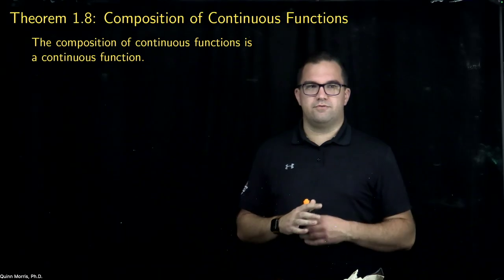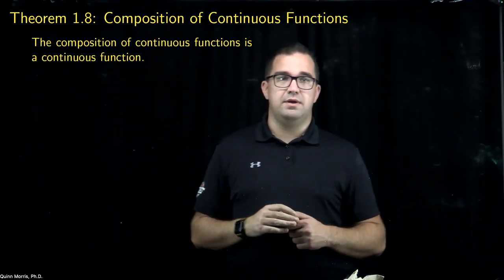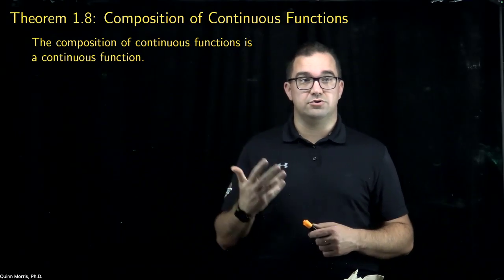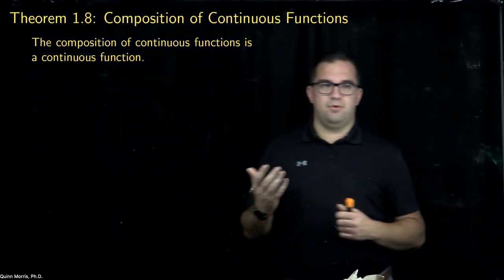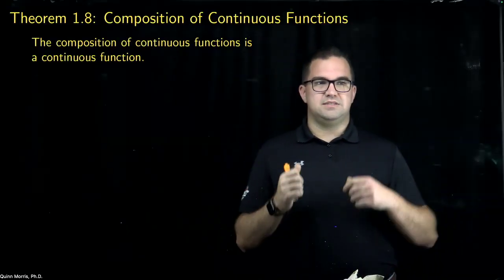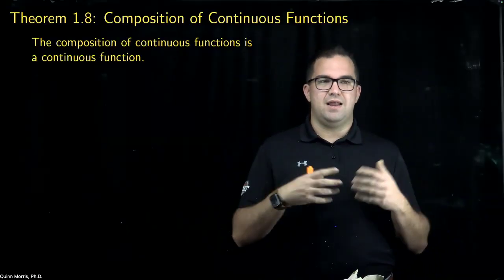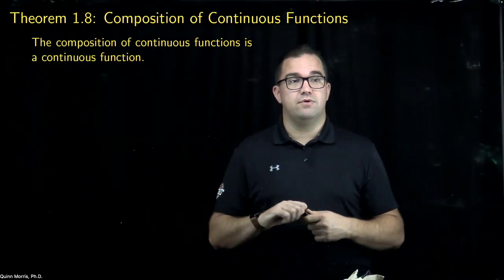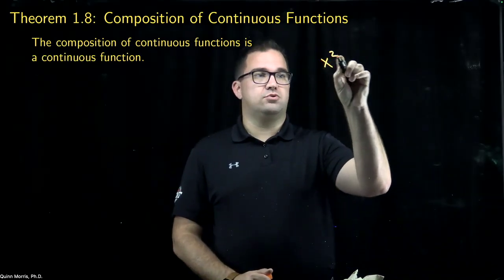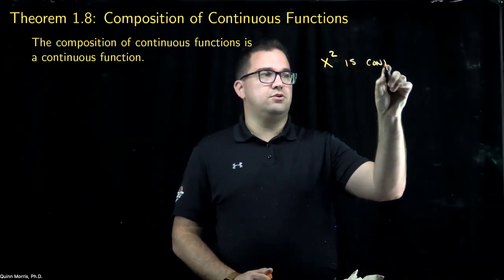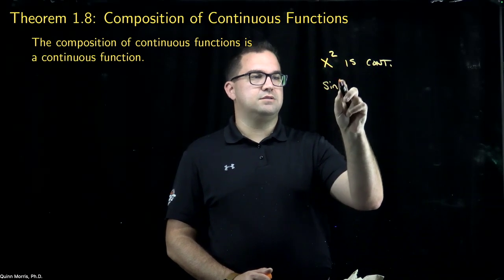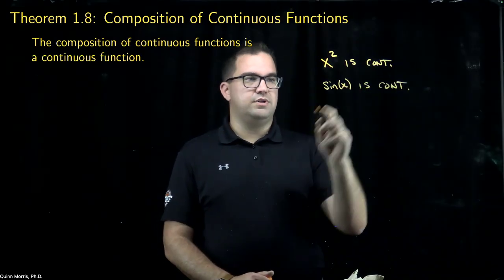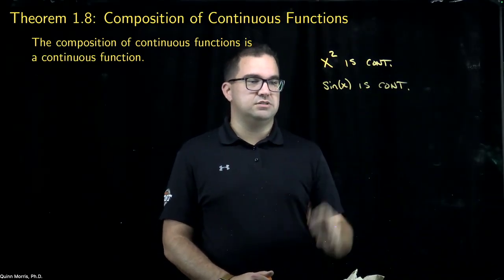And then one other quick thing, really a consequence of the previous theorem, is that compositions of continuous functions are also continuous functions. So I mentioned earlier this example of x squared and sine of x. You can add them, you can multiply, but you can also compose them and you'll still get a continuous function. I know that x squared is continuous. I know that sine of x is continuous. And now this tells me that I can take compositions of these functions.